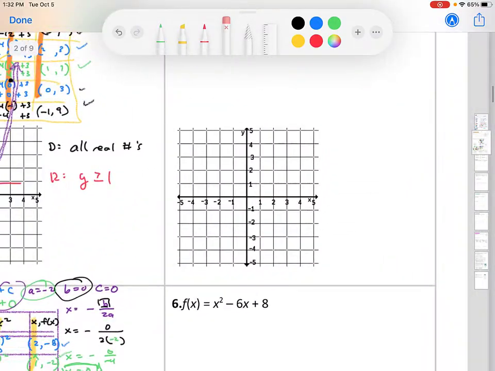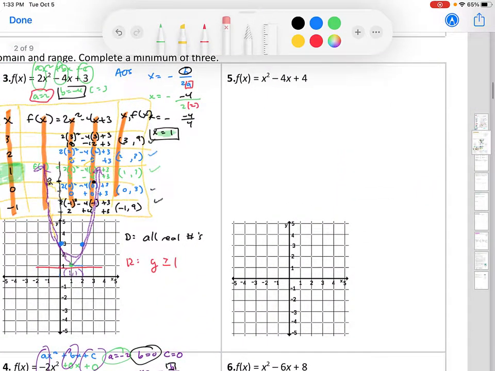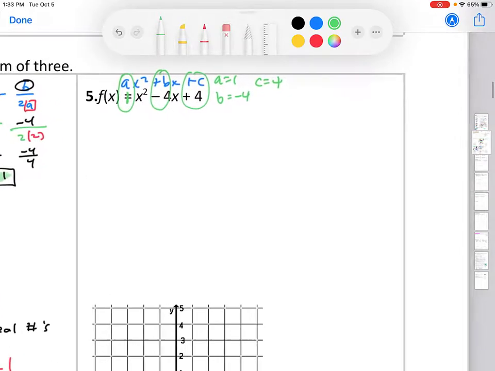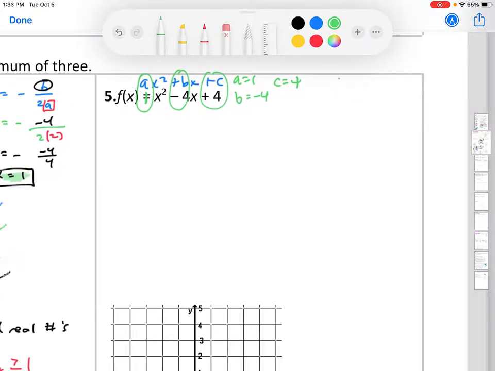All right, let's do number 5. Put standard form right above it. There's no number, it's a 1, so A is 1, B is negative 4, and C is 4. And I have my axis of symmetry, which is x equals negative b over 2a.